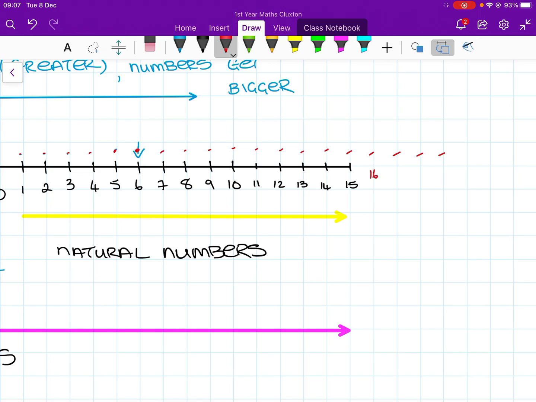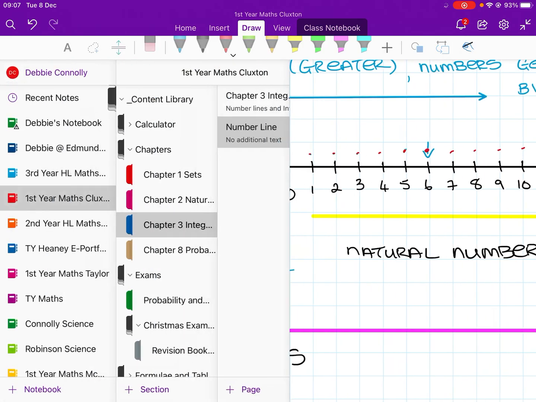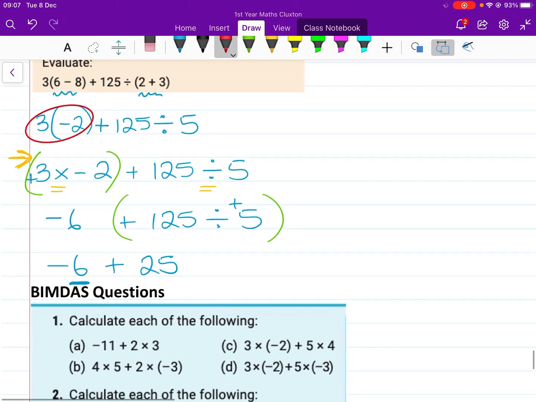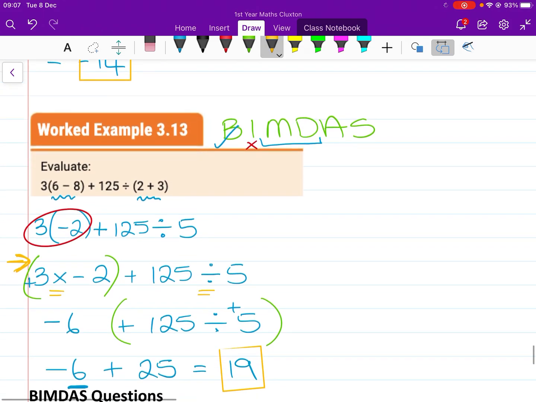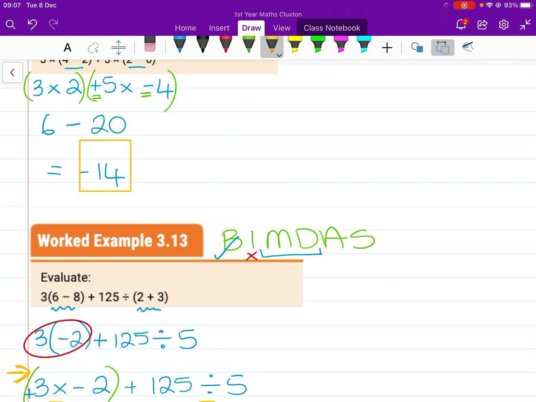So what would that be? That would be 19. That makes sense? Alright, so exactly the same as other BIMDAS, it's just now we have to take into account our minus numbers.